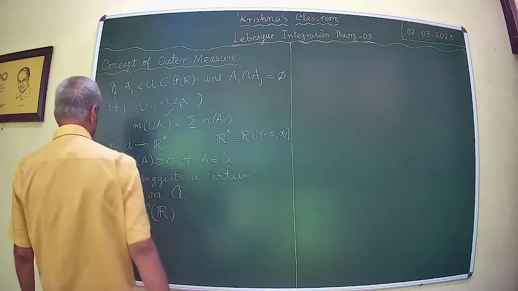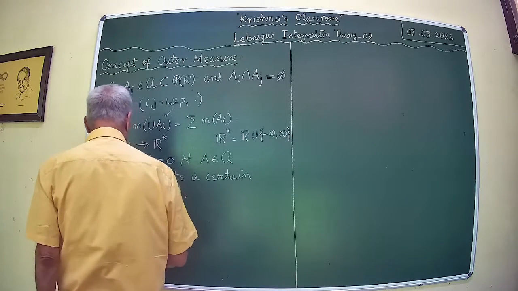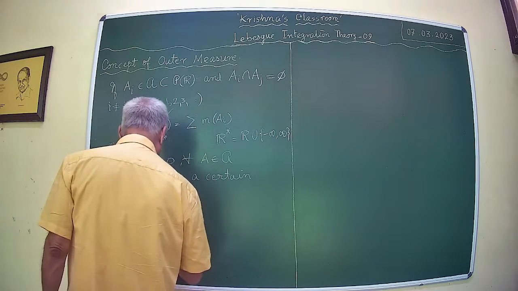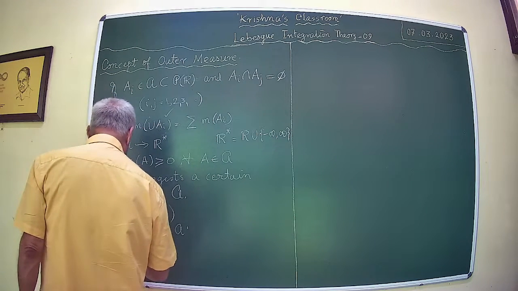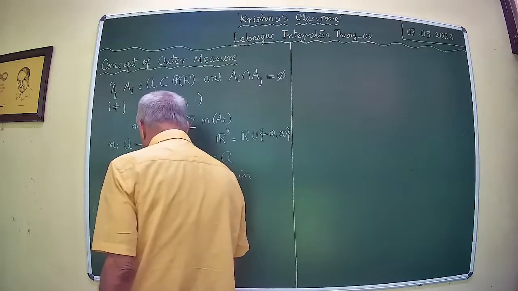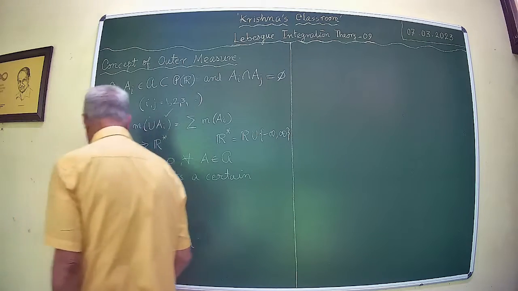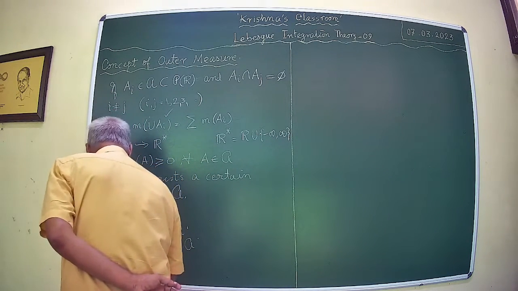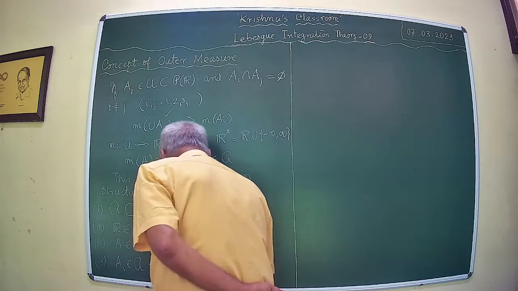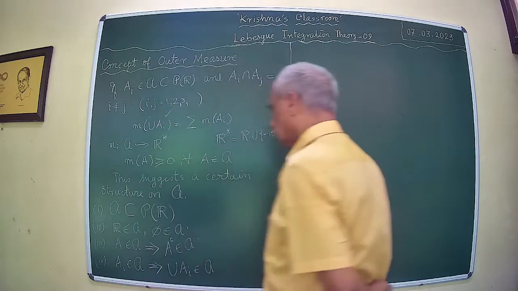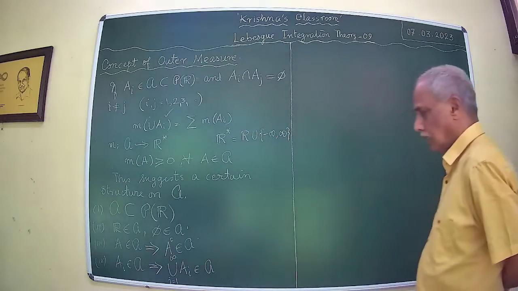Second, the whole of R belongs to A, then the empty set belongs to A. Third property is that A belongs to A implies A complement belongs to A. Then you have the fourth property, namely that A_i belonging to A implies union A_i belongs to A, this is the countable union of the collection here.